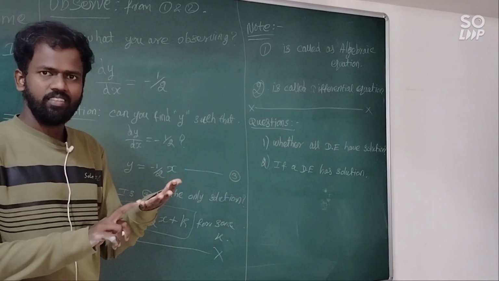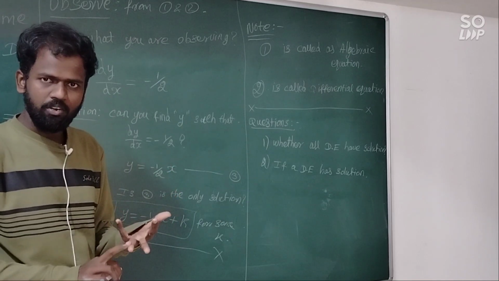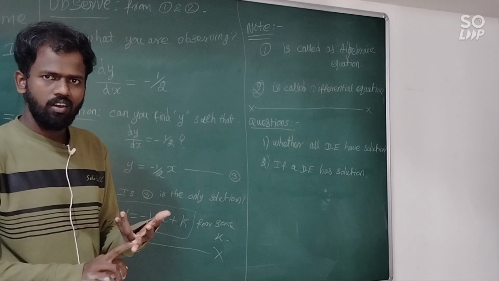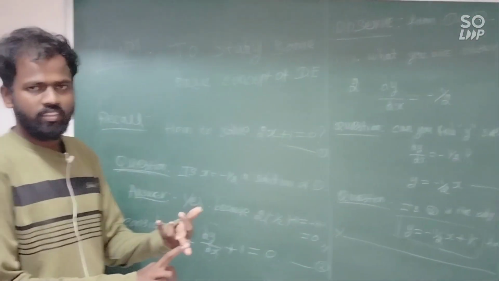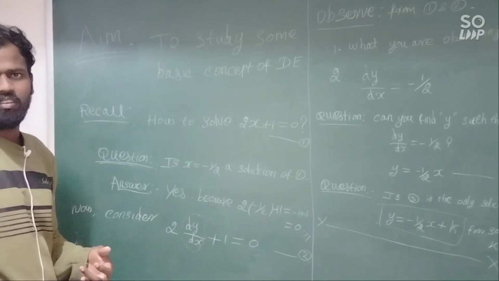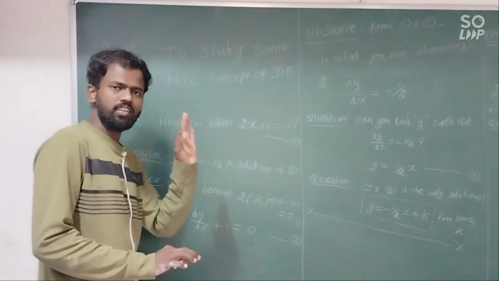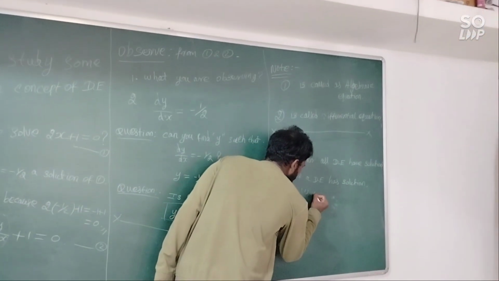Whether the solution is unique, that means it has only one solution, or it has multiple solutions. Or whether a differential equation can always be solved through this comparison with the algebraic equation. Is it possible? So those are the 3 questions that will come, right? So what are they? Is it unique?